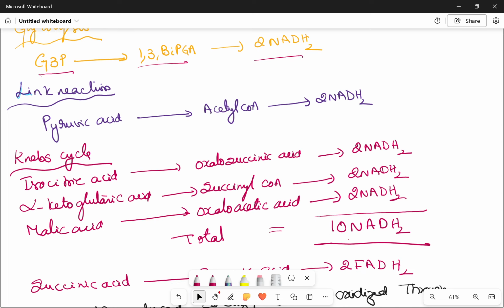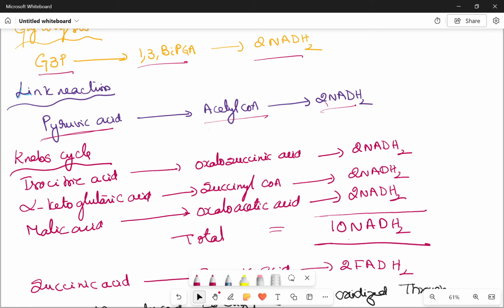Then comes the link reaction or intermediate step. There pyruvic acid undergoes oxidation, decarboxylation and condensation. As a result, acetyl coenzyme A is formed, 2 NADH2 are formed and 2 carbon dioxide are also formed. No direct ATP there.